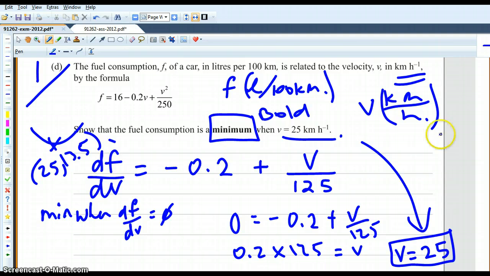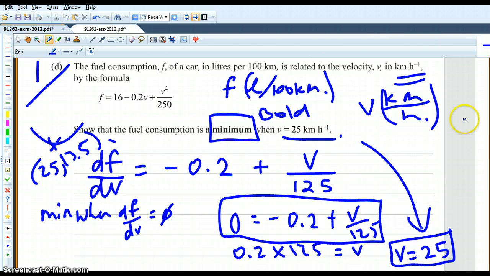If I derive again, I find the second derivative, d squared f by dv squared, is just 1 over 125, which is positive, which means it's the right way up parabola. But we knew that anyway.